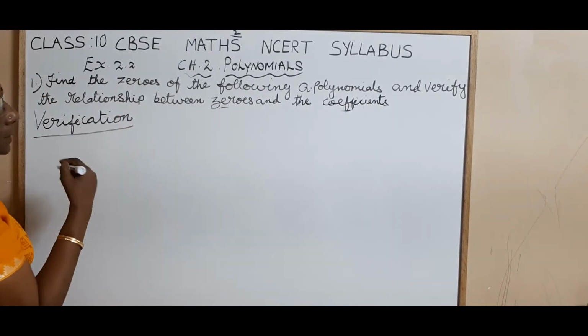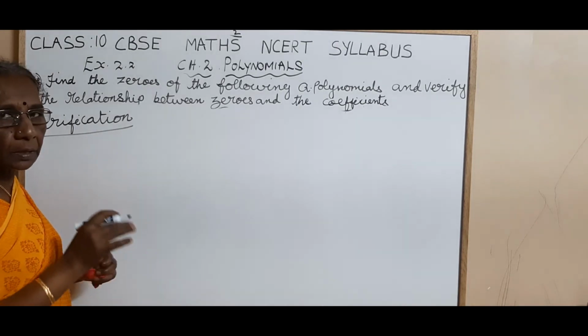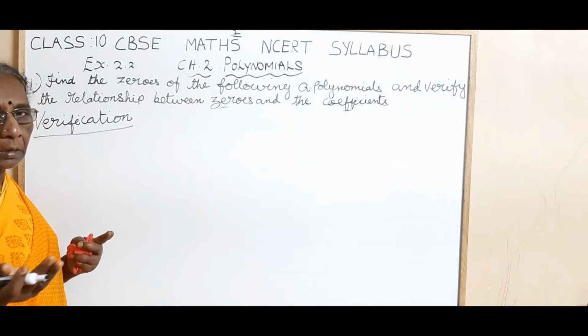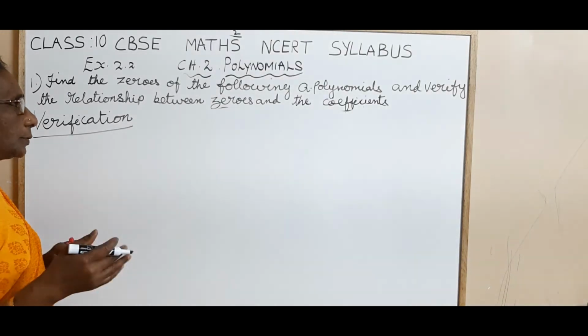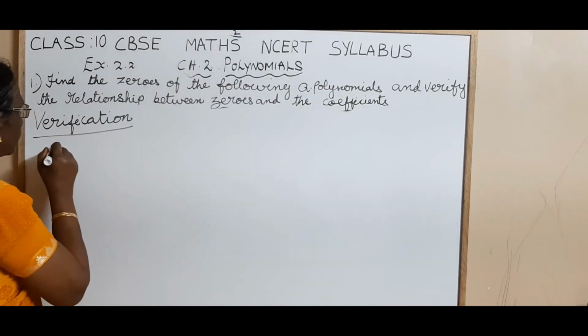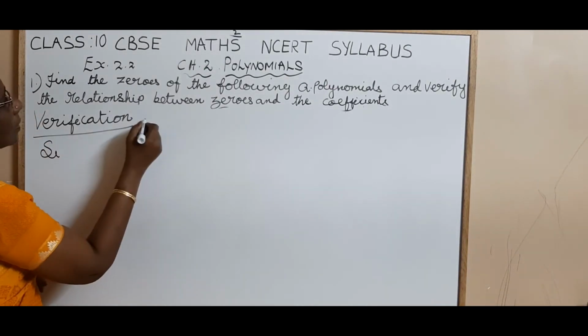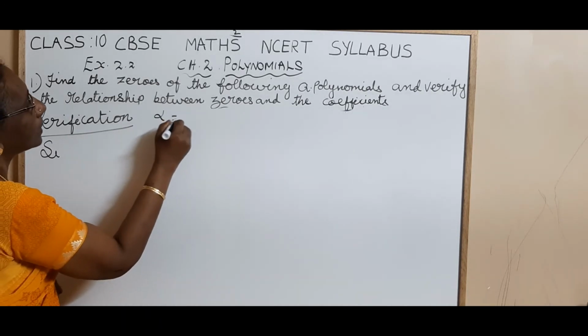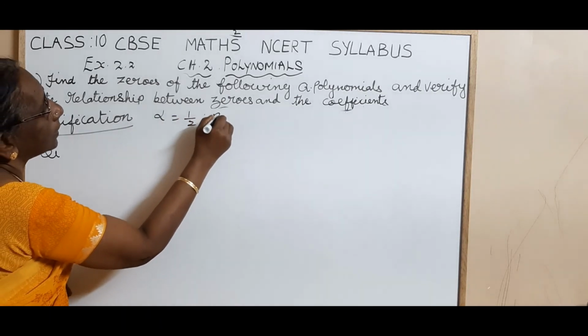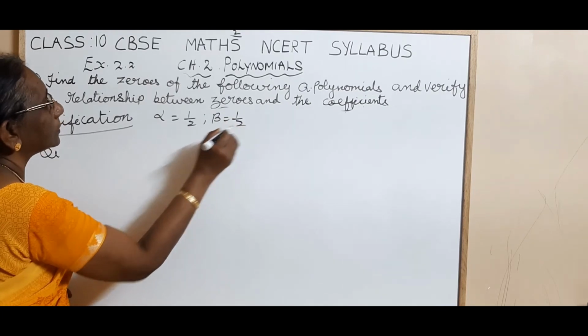So what is the relationship between the zeros and coefficients? First we have to find the sum of the zeros. Zeros are alpha equal to half and beta equal to half.